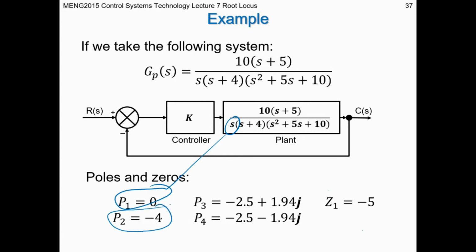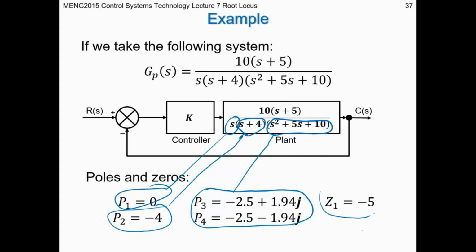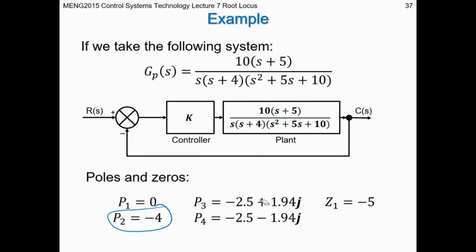P2 is a real pole. These are our open loop poles and zeros. It comes from this term. P3 and 4, complex poles, come from this term here. And then the zero comes from the numerator, this term here. Okay, so that's where our poles and zeros come from on this system.